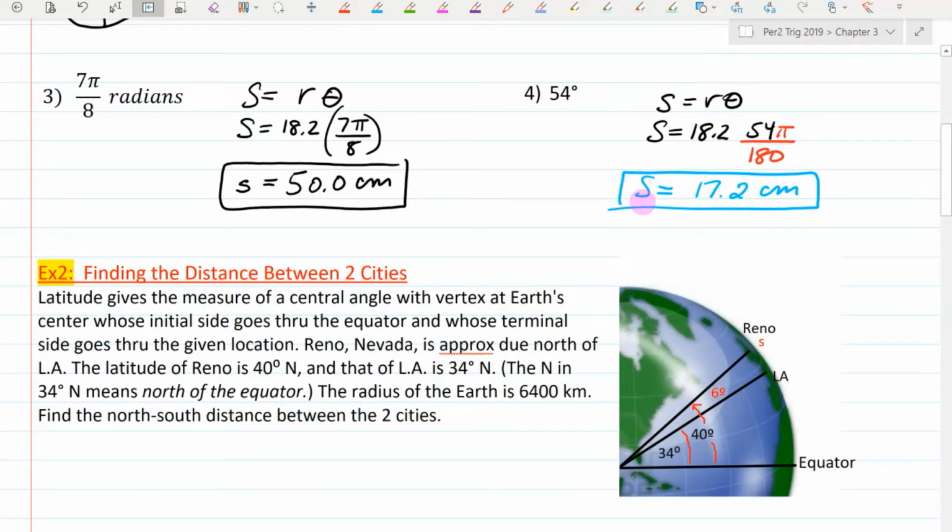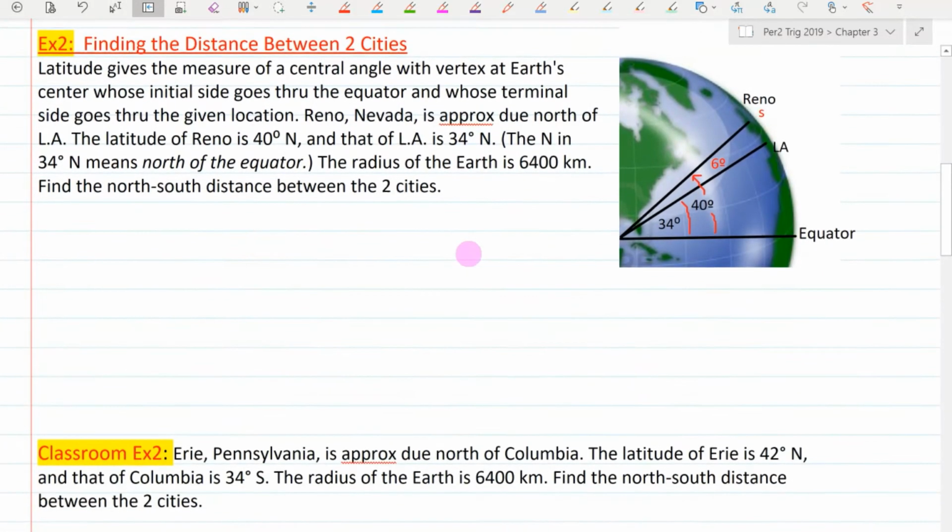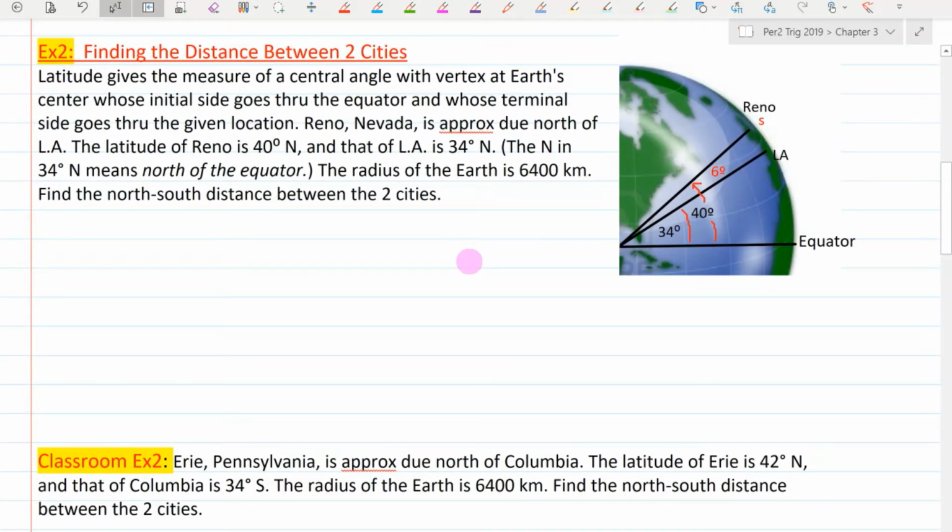So that covers a little bit of arc length. Now let's apply that to this problem here. Latitude gives a measure of a central angle with a vertex at the Earth's center, whose initial side goes through the equator. Let me just draw a picture here so you can see what we're talking about.